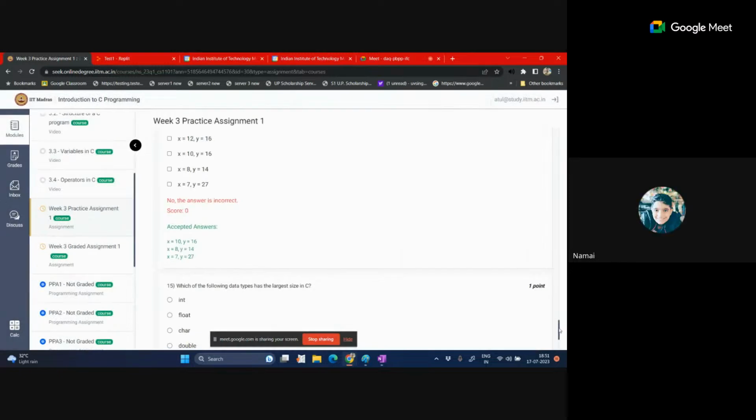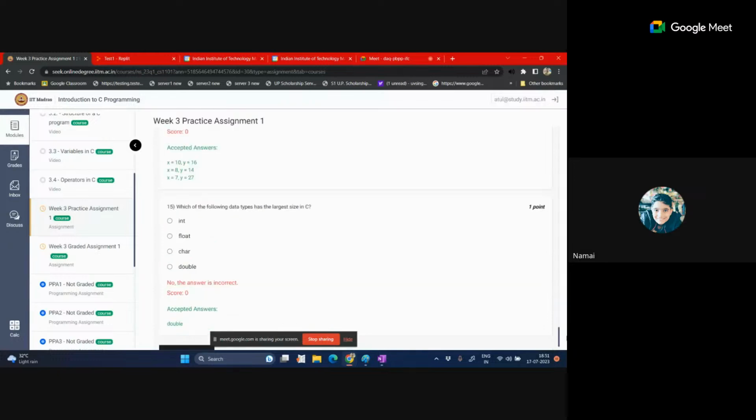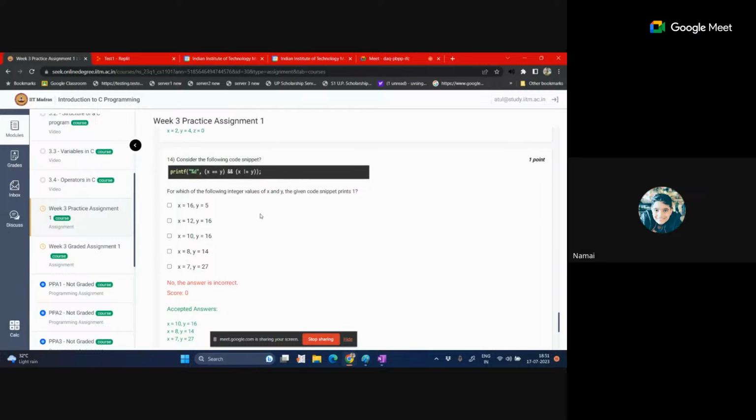Sir, shouldn't all of them be wrong? For this to give 1, technically x should be equal to y in the first condition, and x should not be equal to y in the second condition. So this condition should never be fulfilled. x equal to y and x not equal to y.